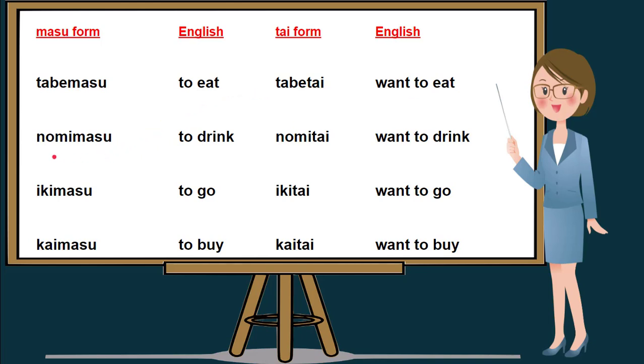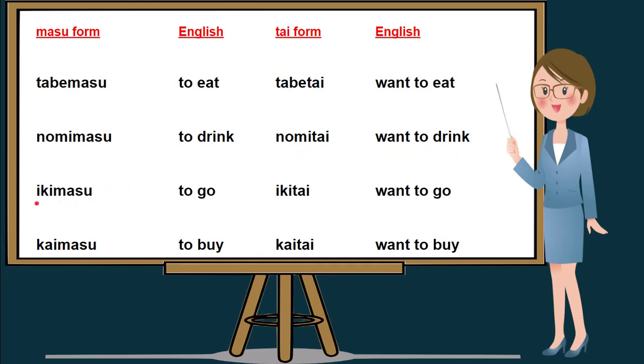The next one is nomimasu, which means to drink. Now, if we put tai at the end of the verb nomi, which is nomitai, it means want to drink.